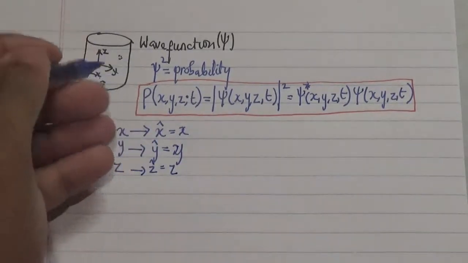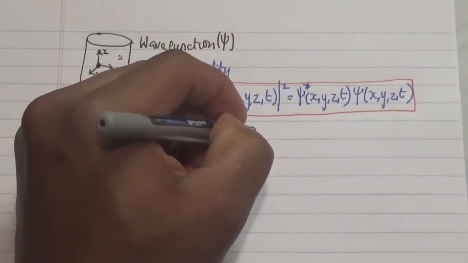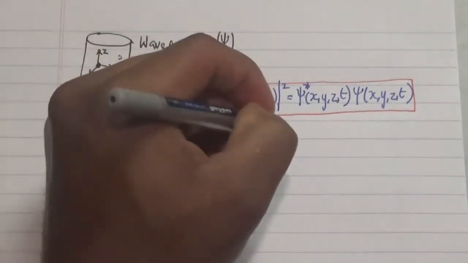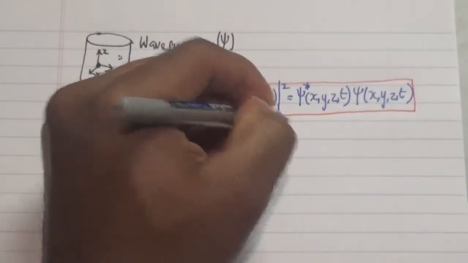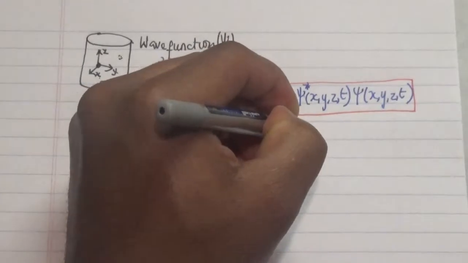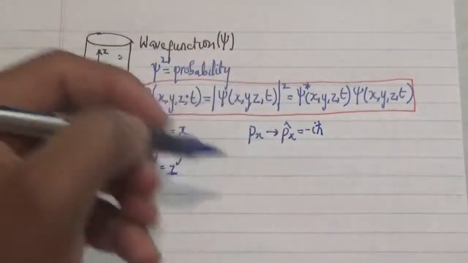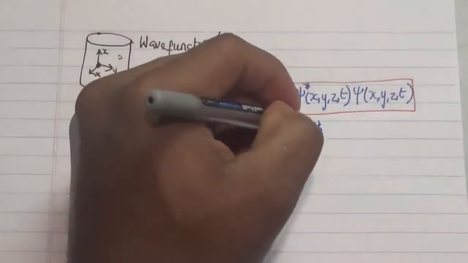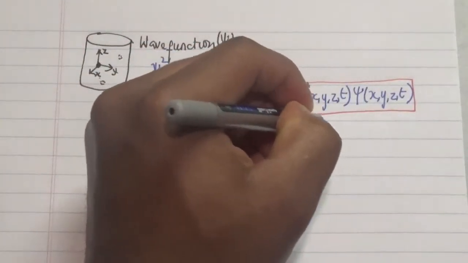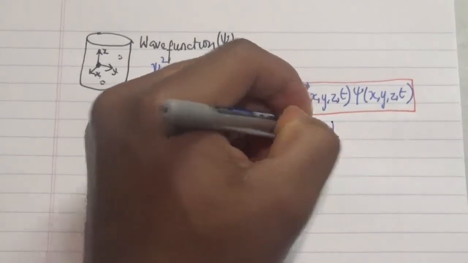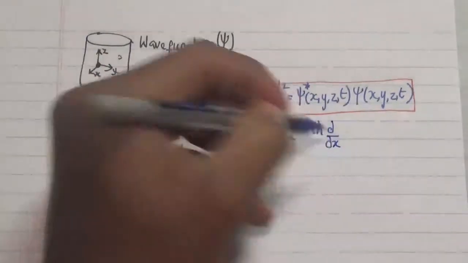Now, going from position to momentum on the other side, our momentum in the x coordinate is expressed as the operator, where i is multiplied by Planck's constant over 2 pi, expressed as h bar, with the derivative in the x coordinate.